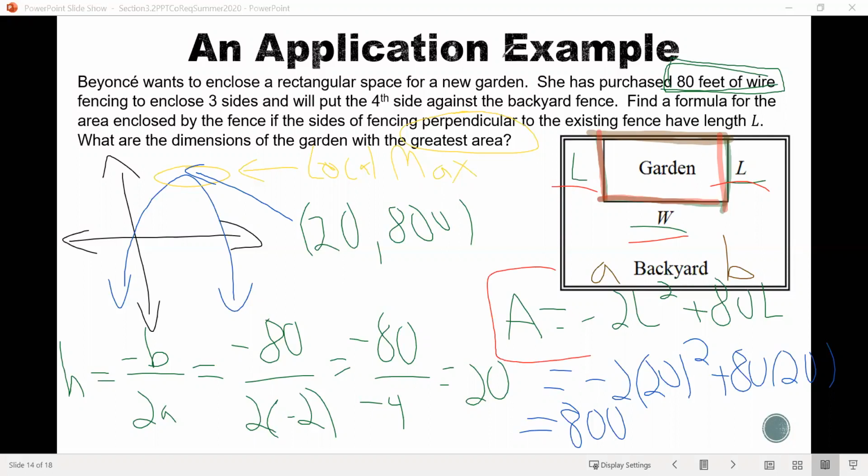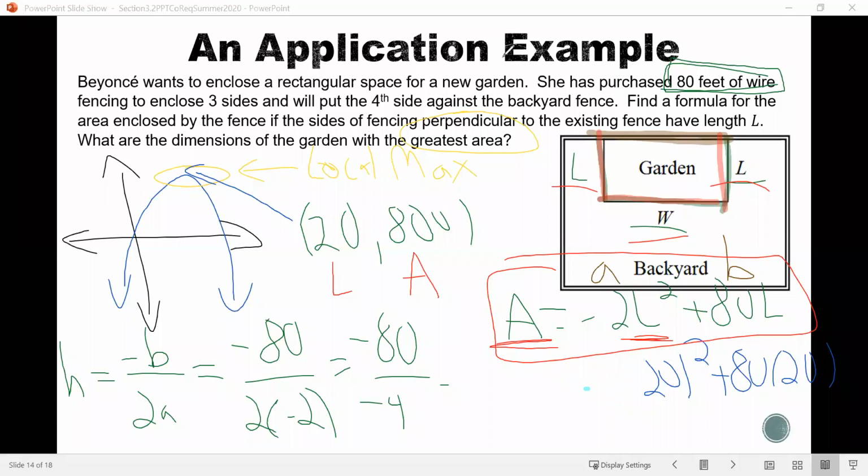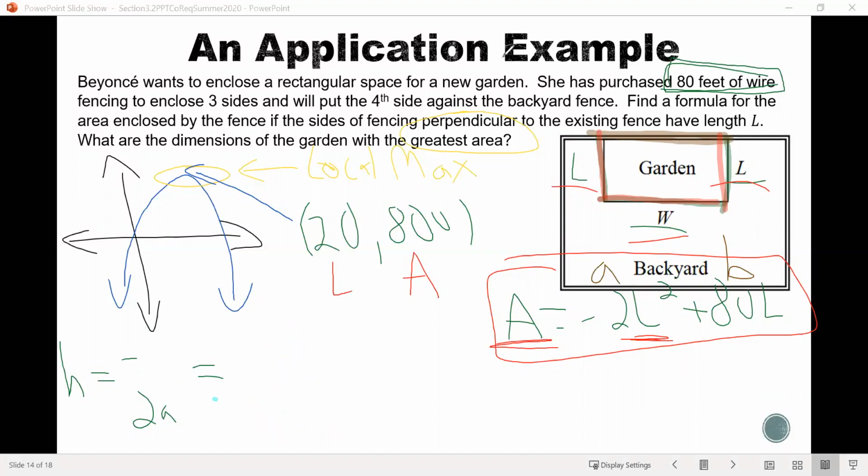We're working with the area function, and the inputs are L's, so that 20 is an L. The output values are A, so that 800 is an A. What that's telling us is that the area of the garden is maximized when the length of the garden is 20, and in this case we're talking about 20 feet because those are our units. And when it's maximized, the maximum area would be 800 feet squared.